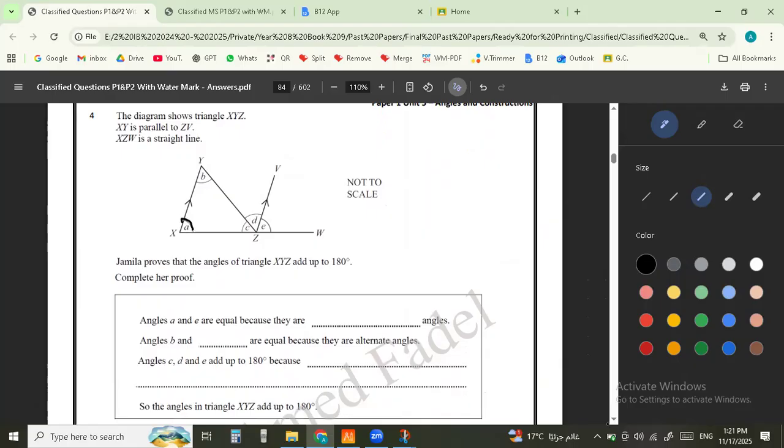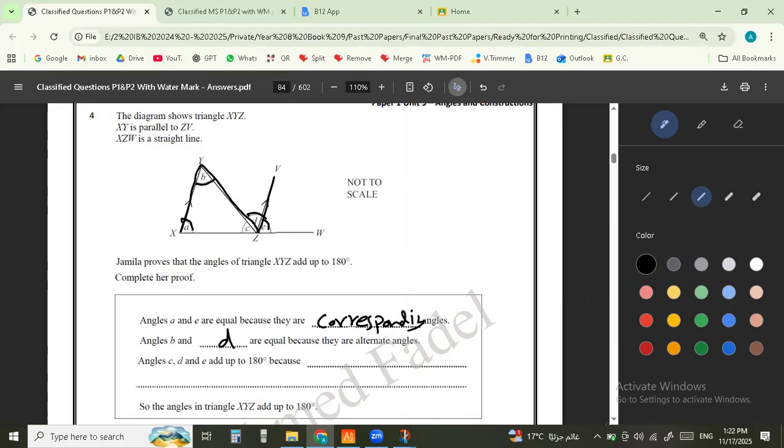Look at that, making the letter F. Angles B and D are equal because they are alternate interior. You're going to find the letter Z here. You see it, the Z letter. So it is B with D.